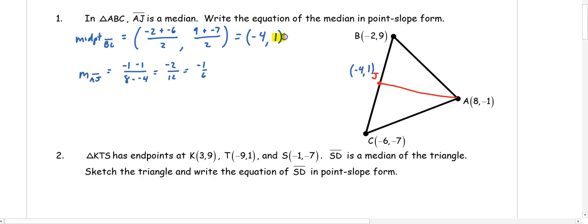Now I'm going to use the median and the slope I just found to write my equation in point slope form. So remember that point slope form is y minus y1 equals m times x minus x1. So when I substitute, I get y minus 1 equals -1/6 times x plus 4.